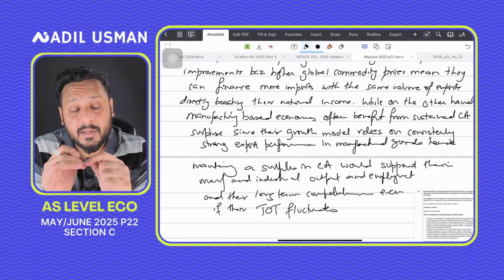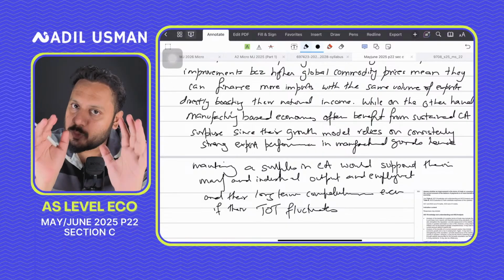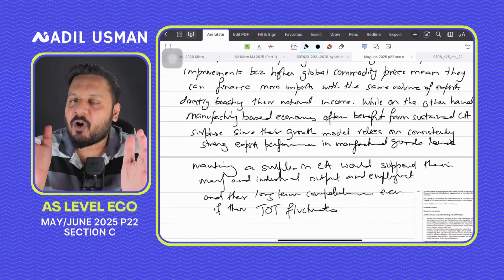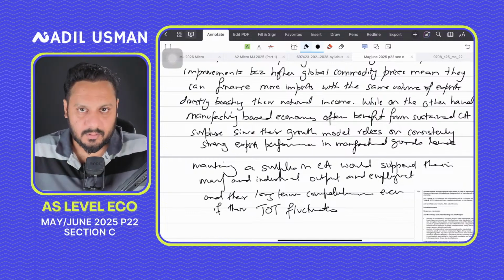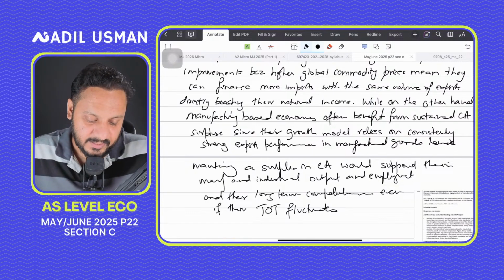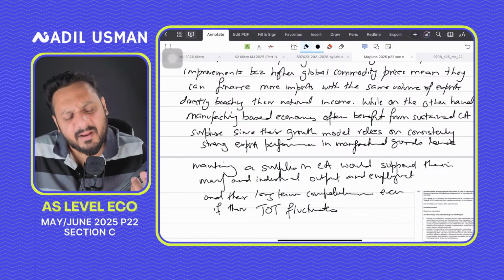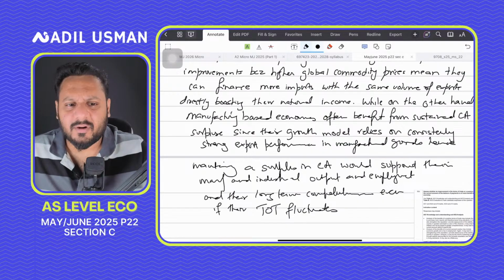So it is pertinent for China to maintain a current account surplus for long-term competitiveness, for employment, for GDP, and for macroeconomic stability. Even if their terms of trade fluctuate, it's okay for that country.